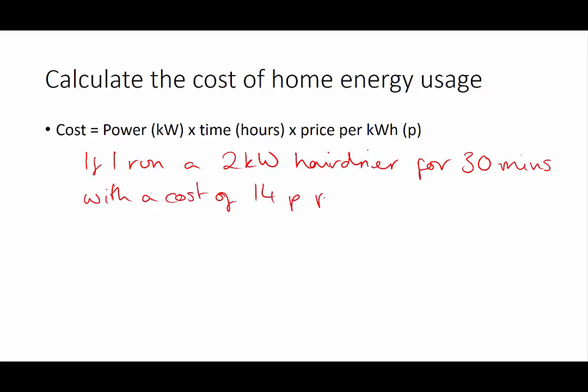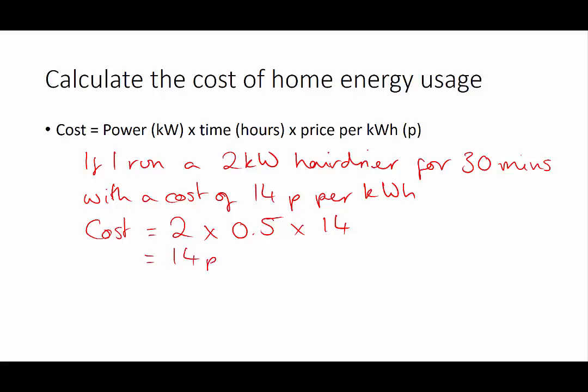Cost equals power times time times price per kilowatt hour. So I need to do the sum. Cost equals 2 times a half, or 0.5, times 14. And that gives me an answer of 14p.